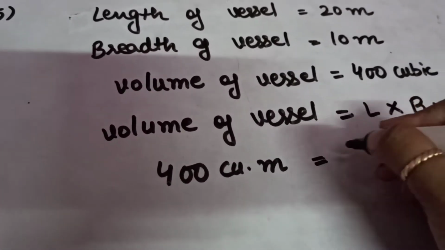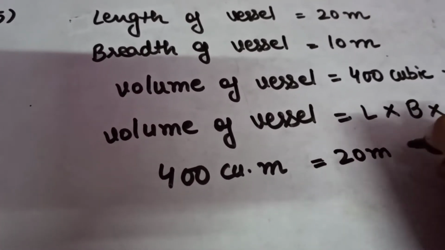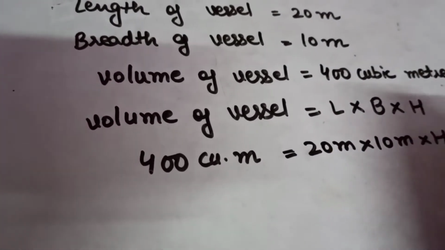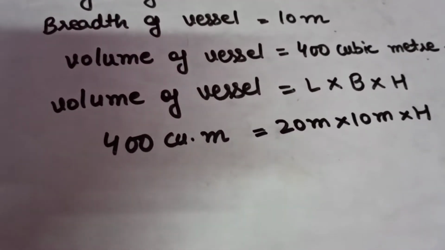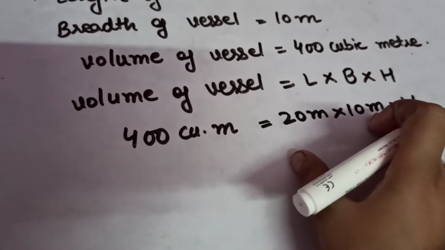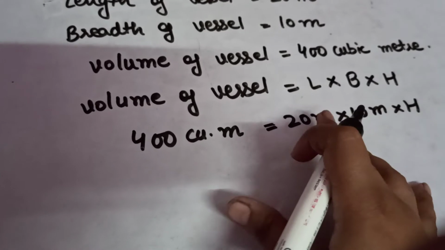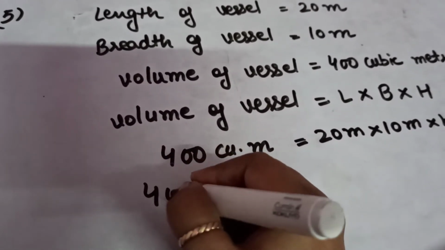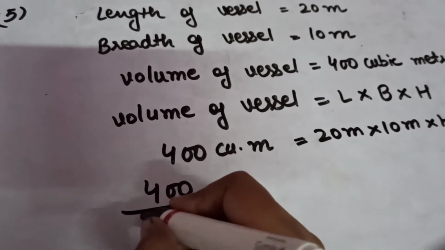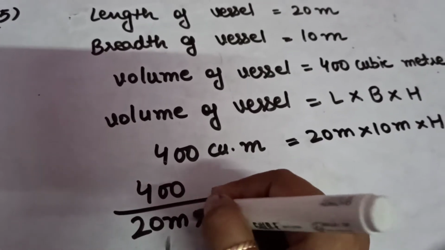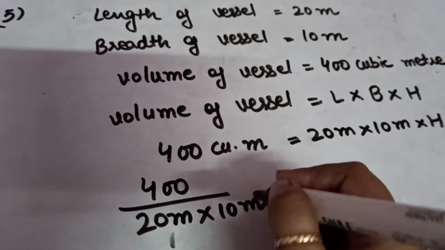At the place of length 20 meter, breadth 10 meter and height we have to find. See, these are in the multiplication this side. So when I change the side, it will go down. 400 by 20 multiply, you can write 20 meter multiply 10 meter.